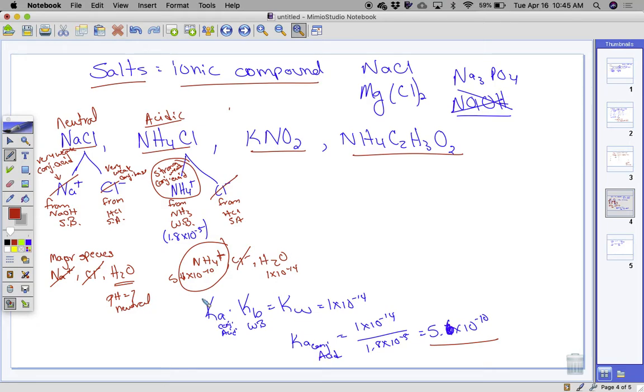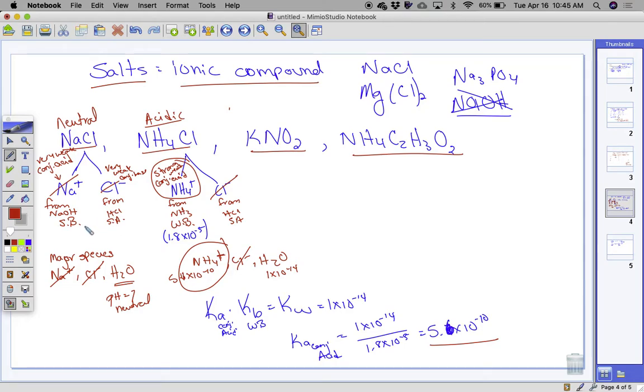On a test, you'll be given the K values. On your homework, you would look it up on a table. You have a table in the back of your book that has all the Kas. So how come you can assume for the NaCl that it's neutral, but you can't assume for both weak? Because they're so weak that they're going to be less than water. The Ks for those, although we don't have Ks, so I can't show it to you mathematically, because the strong acid and strong base don't have Ks.